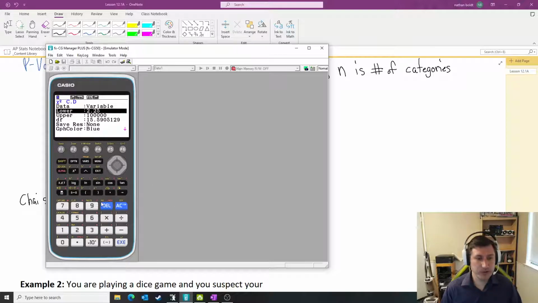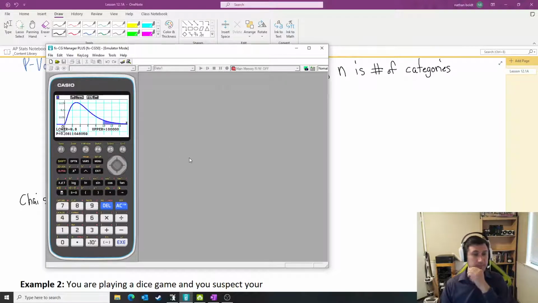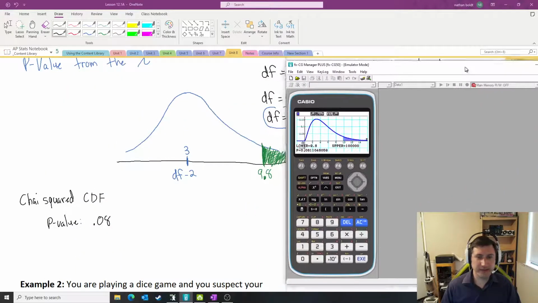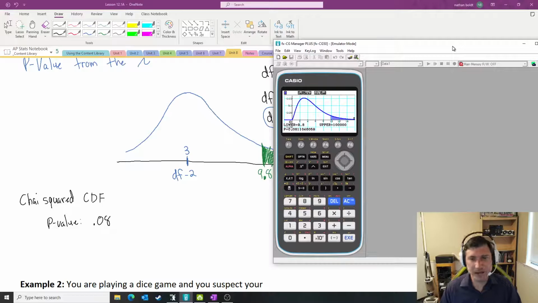The lower was 9.8. The upper is a really big number. The degrees of freedom were 5. Now if I scroll down, it will draw it for me. My drawing's not that great, but it's still the same drawing, right? And we get the same p-value, 0.08.